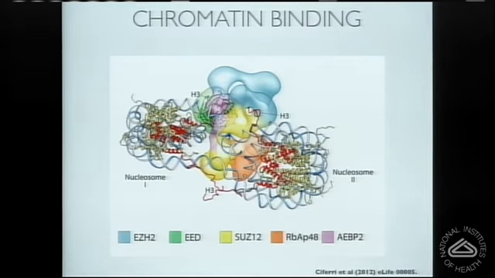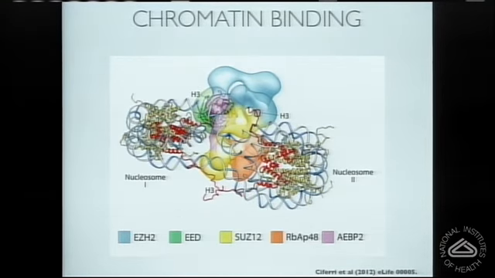We know that the activity of this complex is stronger on dinucleosomes than on mononucleosomes. We know that ABP2 likes to bind to DNA, interchromosomal DNA, and to HP1, which will be also localized between nucleosomes.